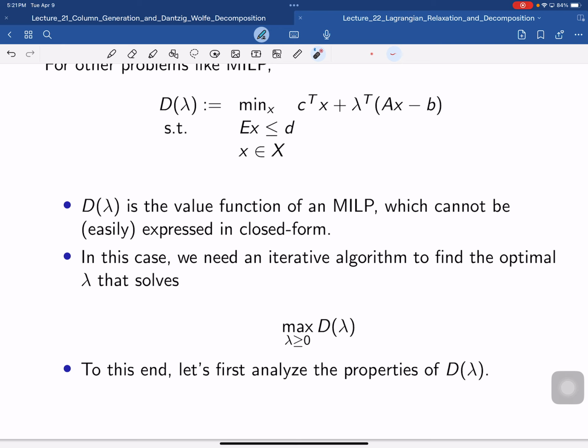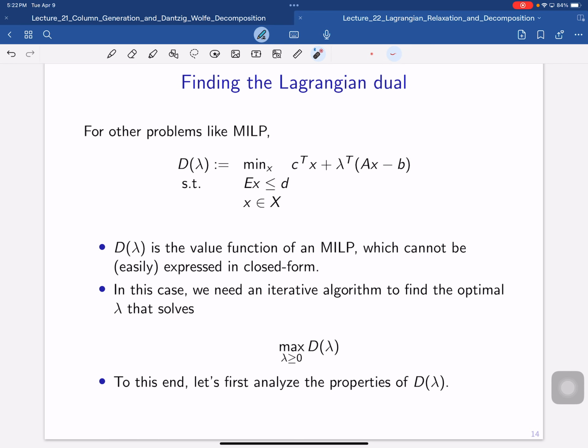Or in this case, it should be concave, right? If I'm maximizing, and d lambda is a concave function, then this problem is very easy. You can do gradient ascent to find the optimal value of d lambda. Then life would be very nice if d lambda is concave and differentiable. So let's check what d lambda's properties are, especially when the feasible region is described by an MILP.